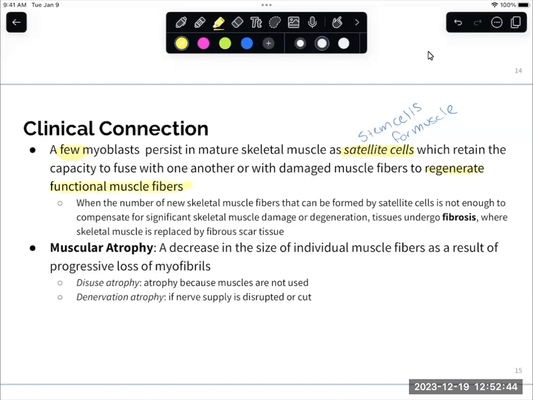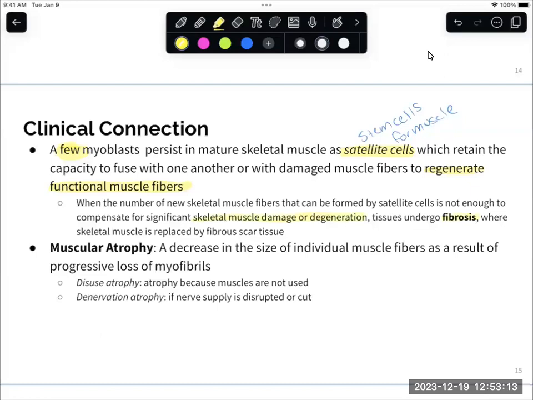But if a muscle is damaged, the problem is that we only have a few of these satellite cells, and sometimes we don't have enough. There's not enough satellite cells, and it can actually cause muscle damage or degeneration.